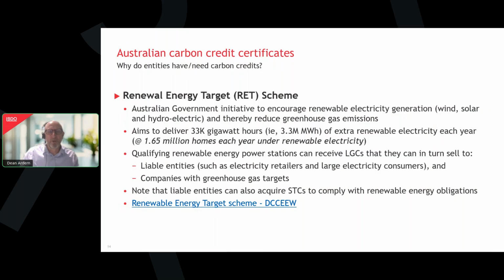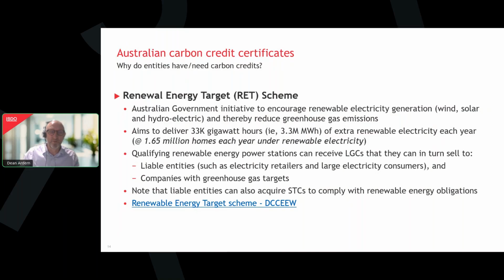So this scheme is quite a broad scheme, and the whole purpose of the scheme is to try and move not only businesses but also households across to renewable energy sources, so either wind, solar or hydroelectric, and thereby reduce the greenhouse gas emissions. Now it aims to deliver about 33,000 gigawatt hours, so we're talking about 33 million megawatt hours of extra renewable electricity each year.